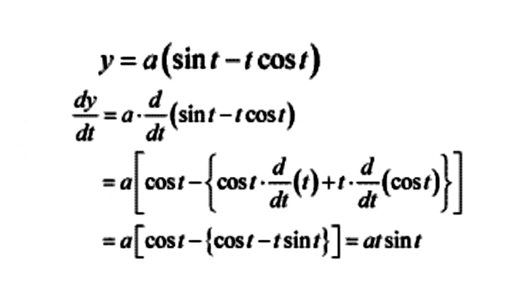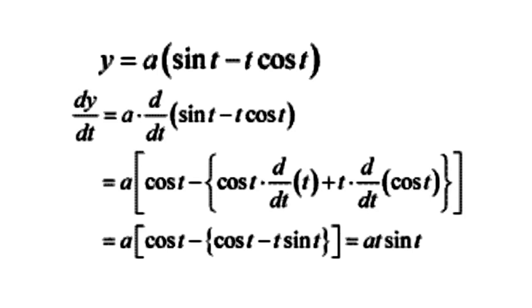Now we are going to consider the second function, that is y equals a into sin t minus t into cos of t. We are going to differentiate it with respect to t. So we will get dy upon dt equals, in this a is constant, so we will keep it outside, into derivative of sin t minus t into cos of t.